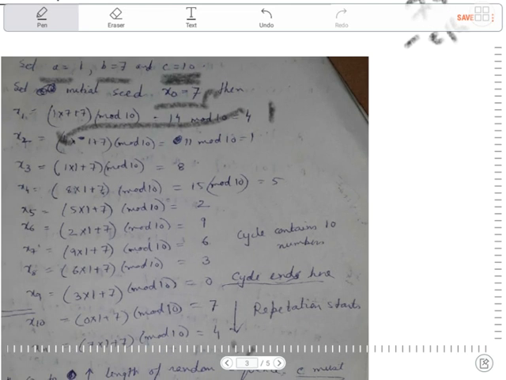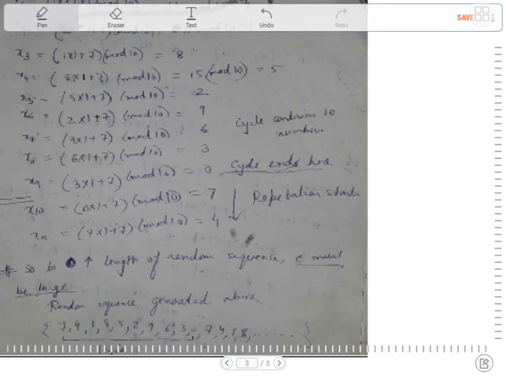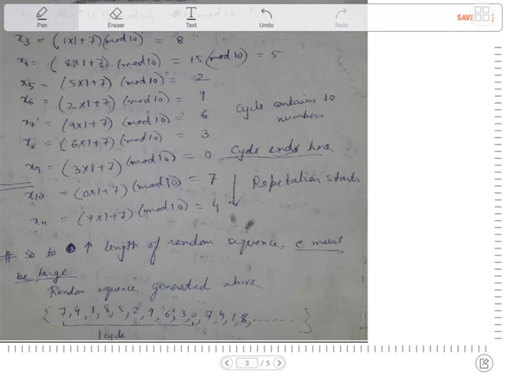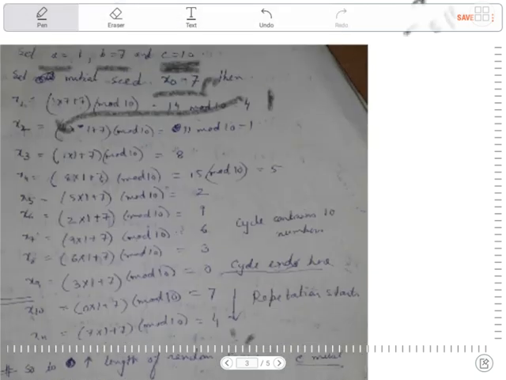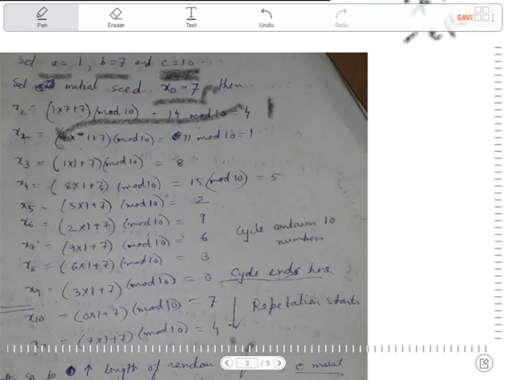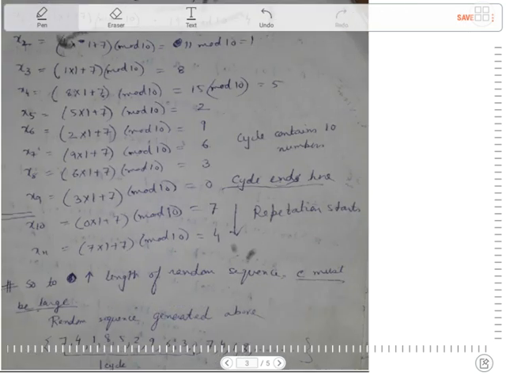In fact it was x0 itself. So the repetition has started. So x11 is giving you 4, also already obtained as x1. So the repetition has started after you cross x9. x9 means 10 terms.